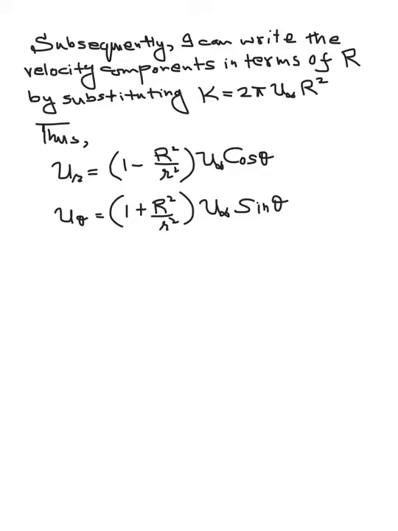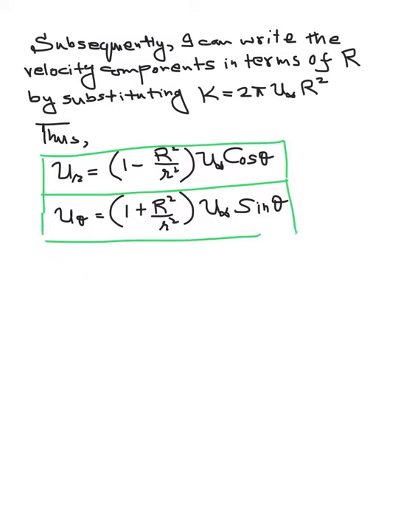Subsequently, I have represented the radial and tangential velocity components in terms of capital R. And here are the equations of these two components, the radial component and the tangential component. Next, I will determine the location of stagnation points.